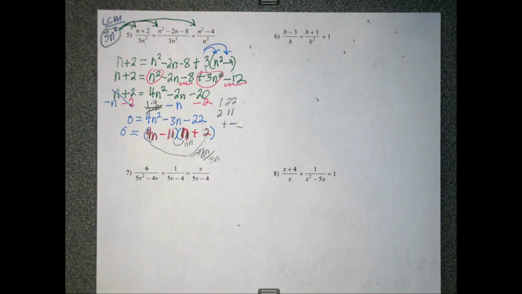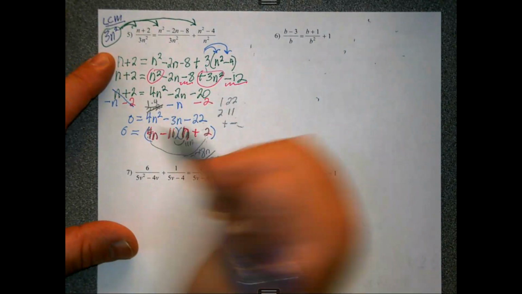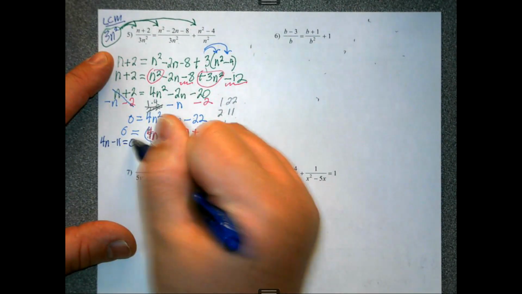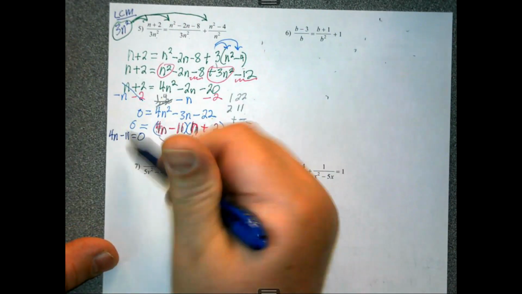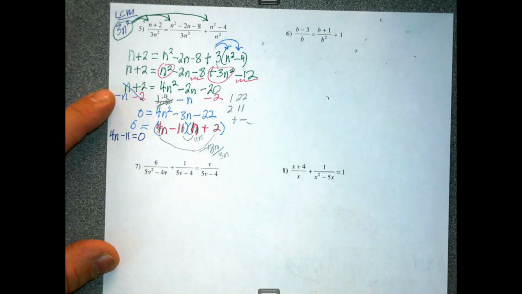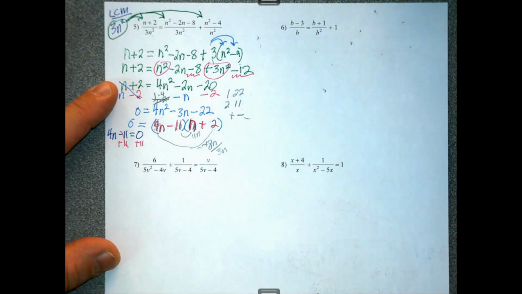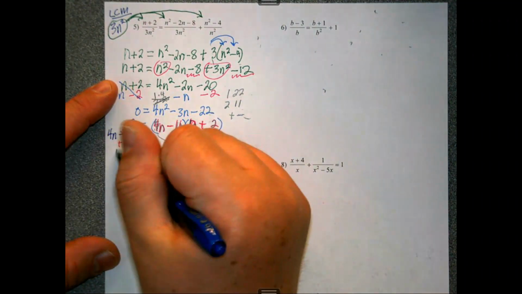Now I need to set each one of those factors equal to 0. Let's see, 4n minus 11 equals 0. Add 11 to both sides. So 4n equals 11.